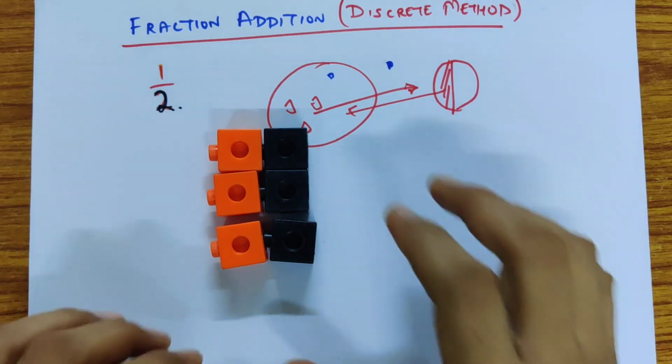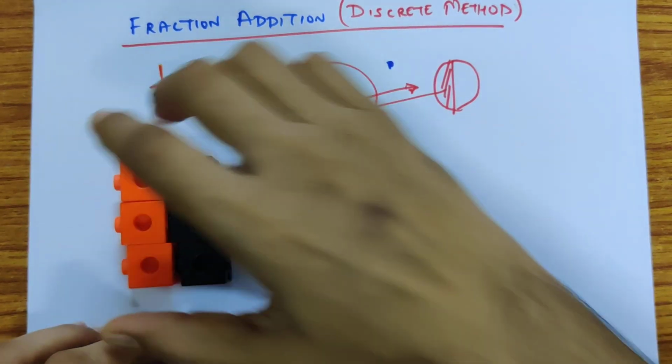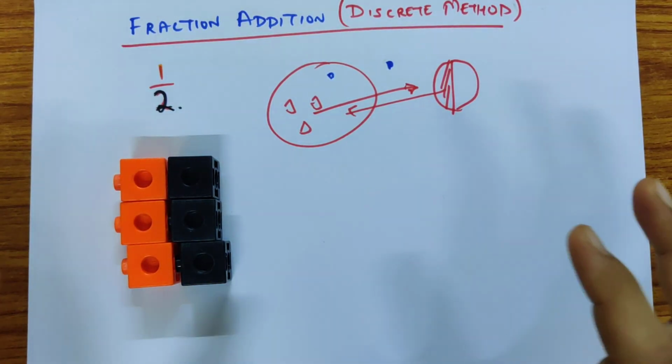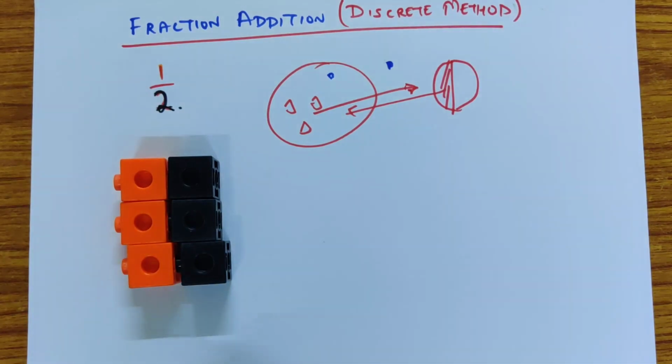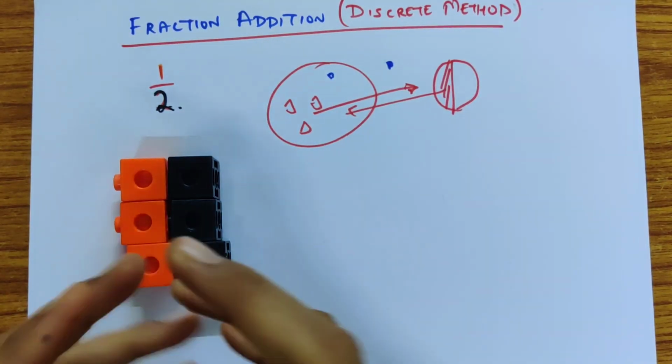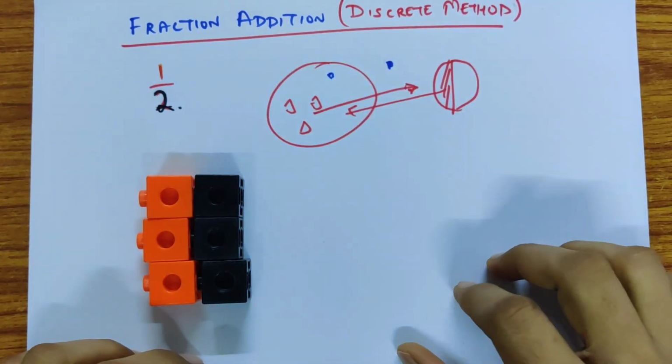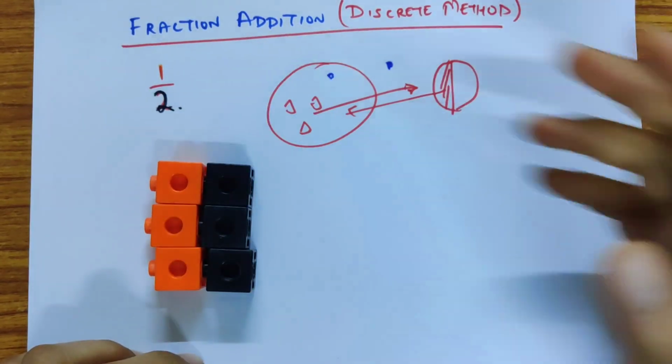So visually also the discrete method is quite useful at times, especially for fractions that are proper. For improper fractions, it gets a little trickier to create a whole, but for proper fractions, the discrete method has its advantages. So the discrete method says 1 out of every 2, right?